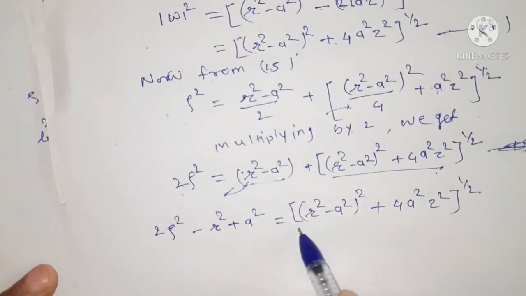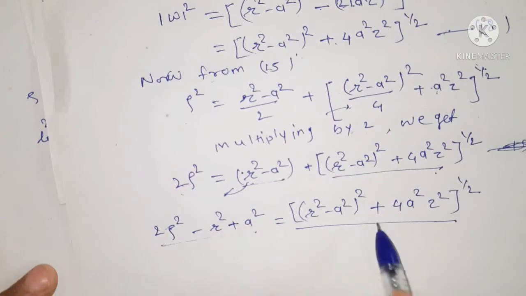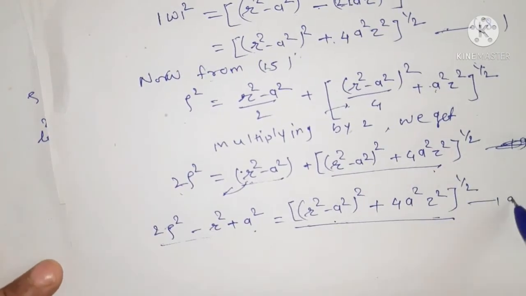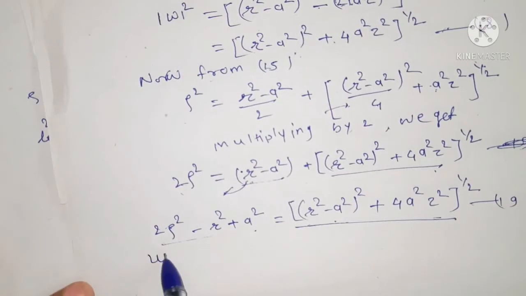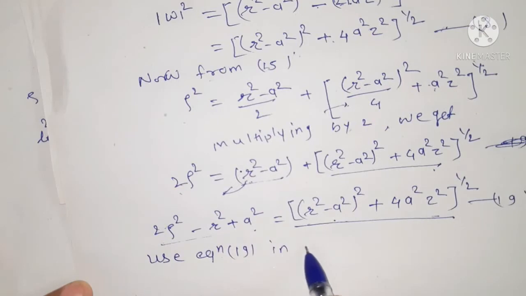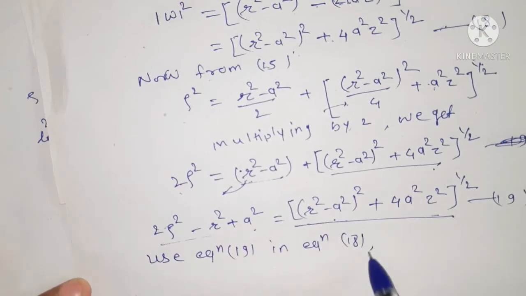So the value of this term will be equal to this. So we substitute the value of this term in equation 18. Okay, we use equation 19 in equation 18.